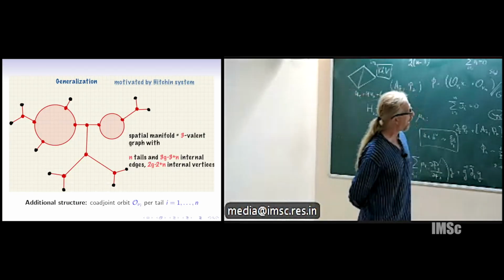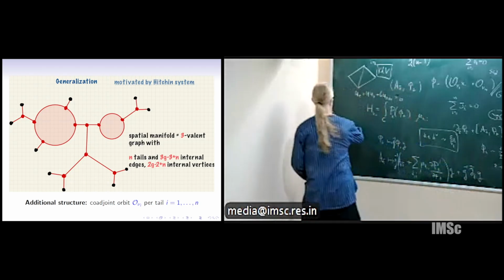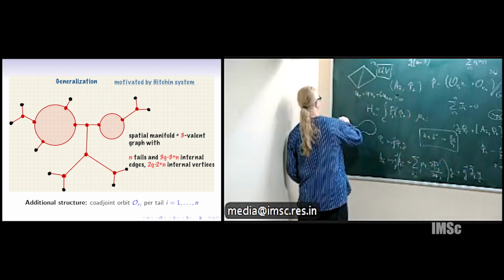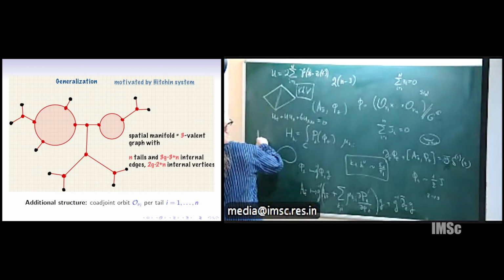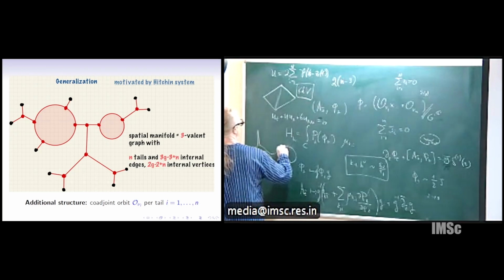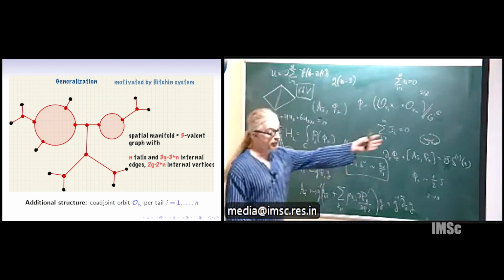So if you look at the Riemann surface from far away, a Riemann surface with punctures, which actually are pieces of the surface which go off to infinity, then what you see is actually a graph.